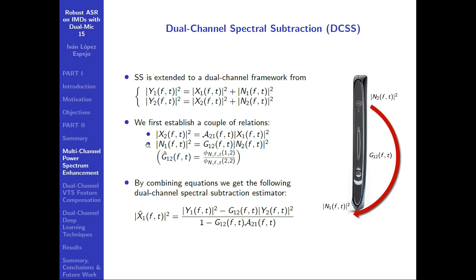The second equation similarly relates the noise power spectra at both microphones through the term G sub 1,2, and this one might be estimated online, for example, from a minimum mean square error approach, which results in this ratio of noise cross-correlation coefficients. By taking into account all of these relations, we are able to define this dual-channel spectral subtraction estimator of the clean speech power spectrum at the primary channel. And why at the primary channel? Because I remind that it is expected that the primary signal is less affected by noise than the secondary one.